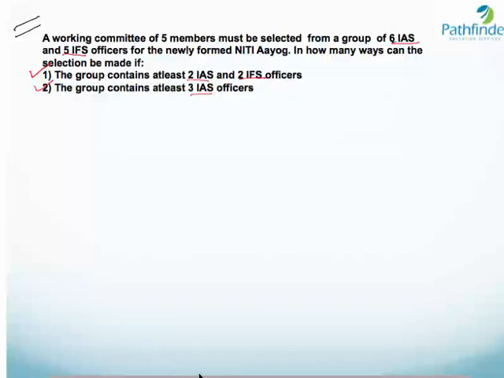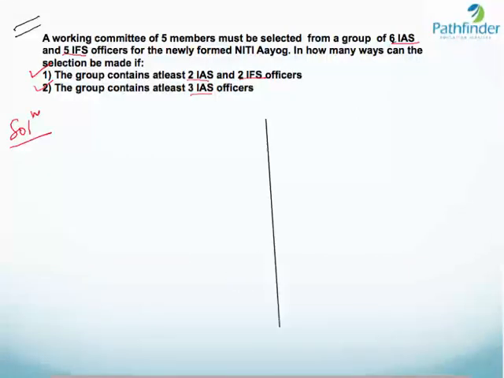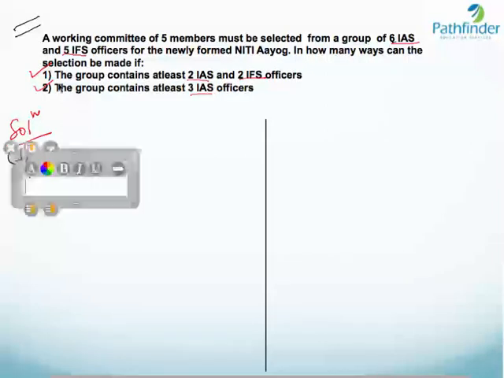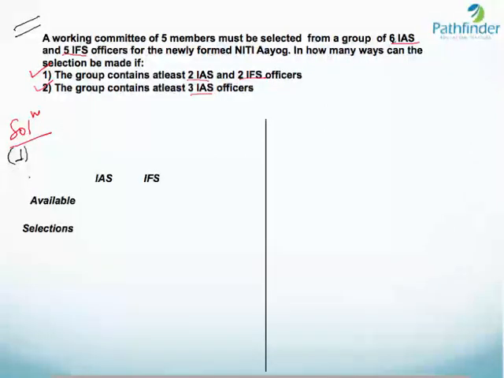So the first thing we should do is try to analyze the situation here. We'll solve one part of the question on one side and the other part on the other side. Let us see the first part here. So let us quickly tabulate the following things.